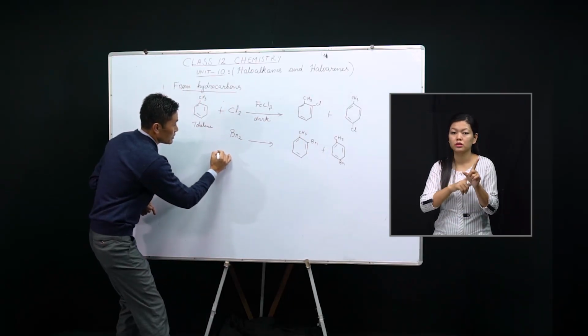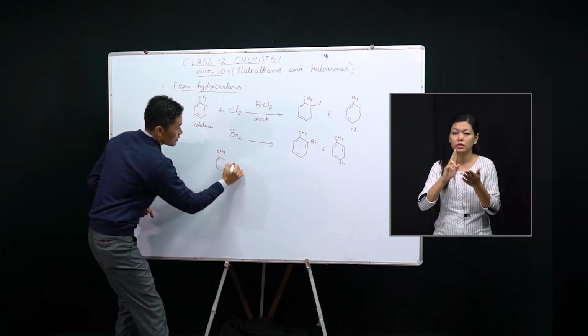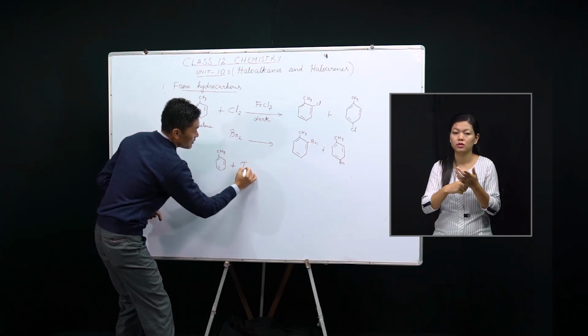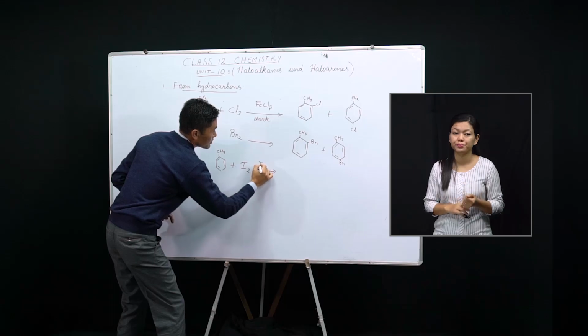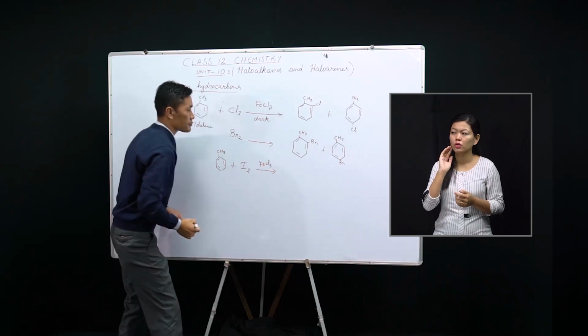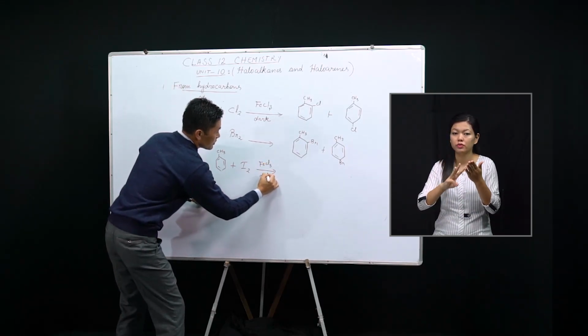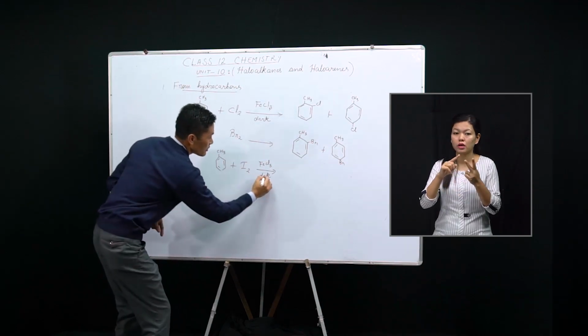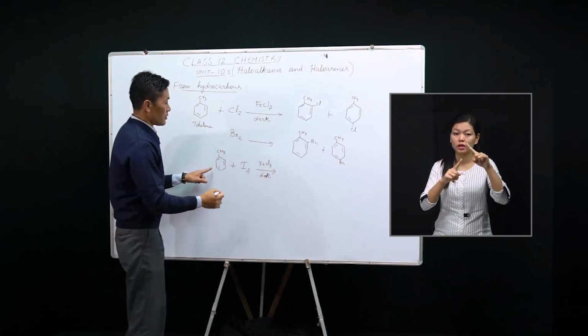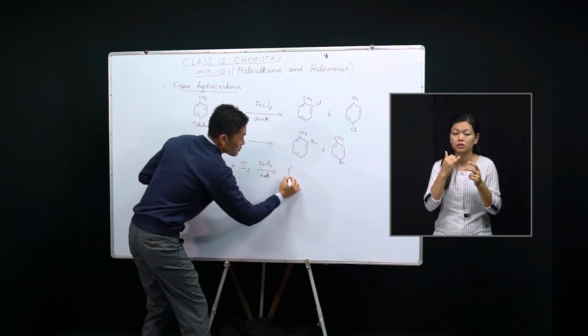Let's see the example here. We take toluene again, treat it with iodine in the presence of iron chloride. The reaction once again takes place in the dark. Usually the para isomer will be formed here.